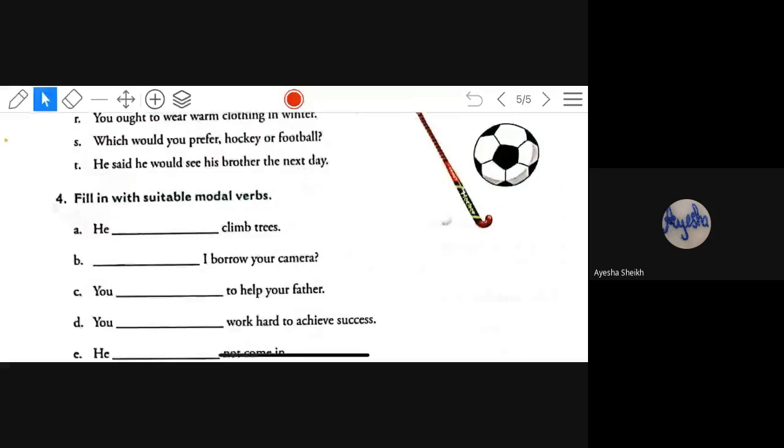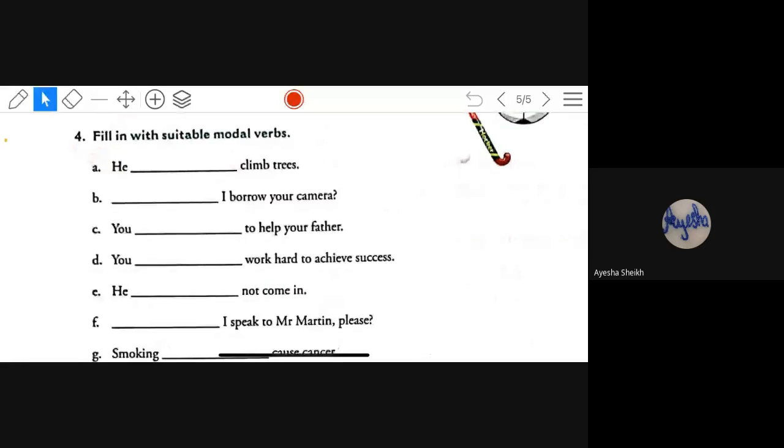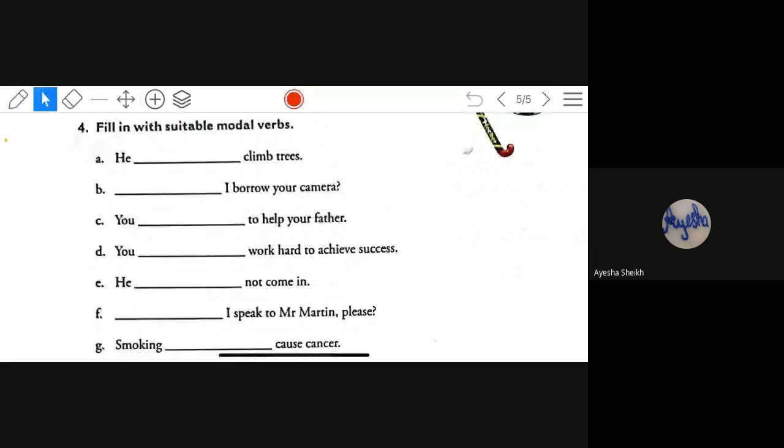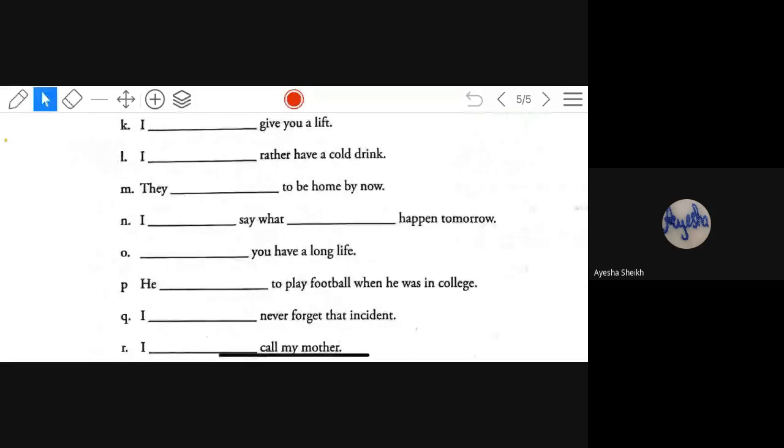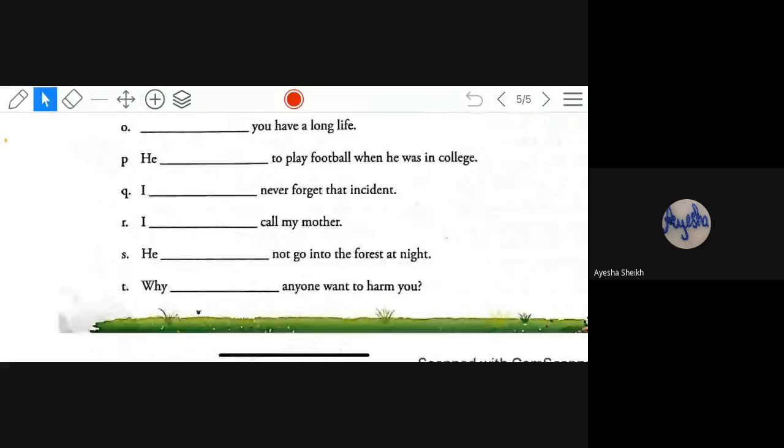Do you remember or not? Yes, sir, we remember. Why will anyone want to harm you? The last blank in the lesson we had done. I hope you have recalled it.